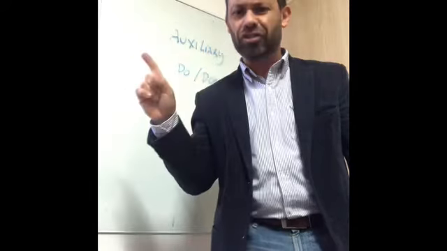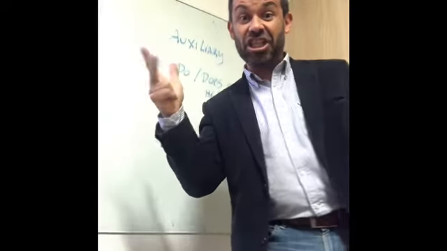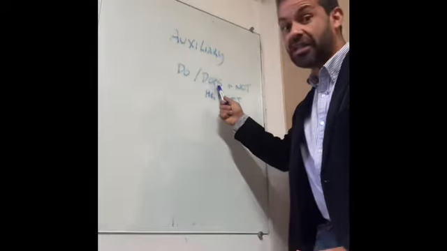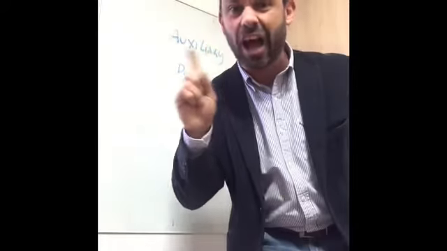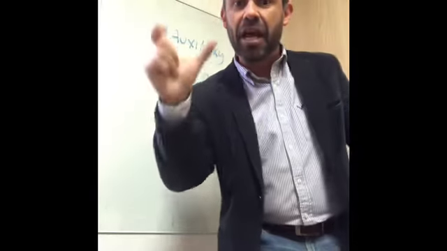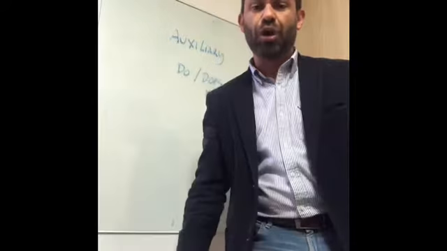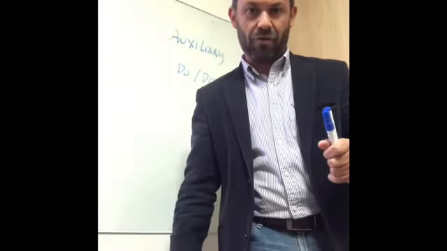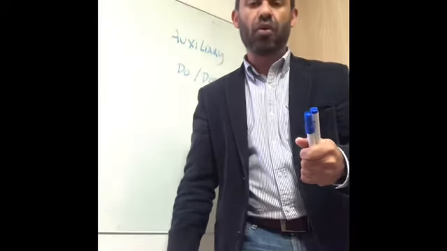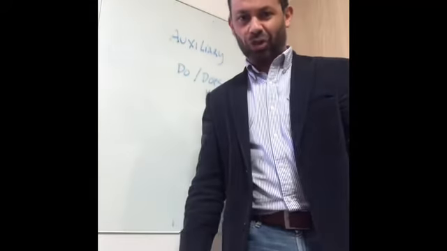You don't study. For he, she, it, we use the same auxiliary does plus not. So, he does not study, that's the negative. And when I contract, it goes to he doesn't study. She doesn't study. We don't study. They don't study.